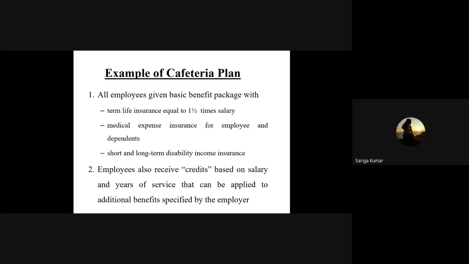Then employees also receive some credit based on salary, on the basis of the time they have served, giving due consideration to the loyalty and tenure they have in the organization. On that basis, they can get some additional credits, and loans on that.